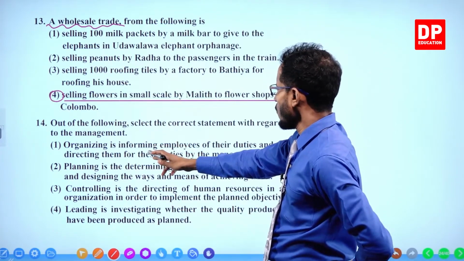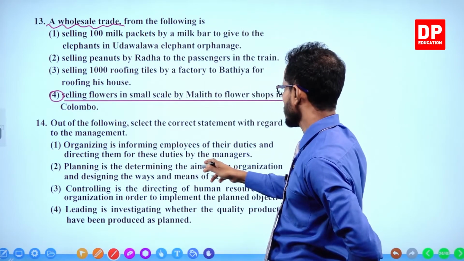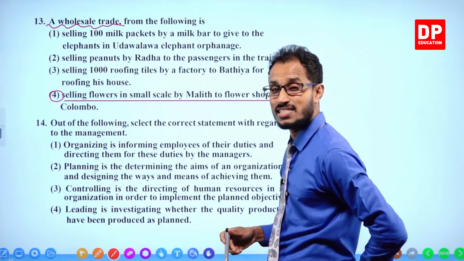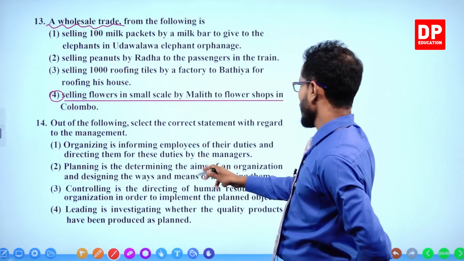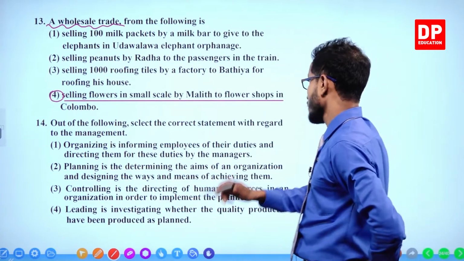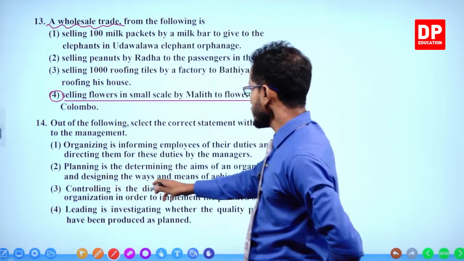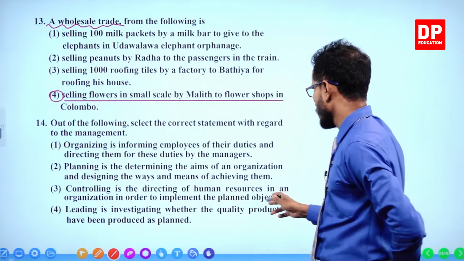Organizing is informing employees of their duties and directing them for these duties by the managers. Organizing, directing the employees? No. Planning is the determining of aims of an organization and designing the ways and means to achieve them. That sounds good. Controlling is the directing of human resources in an organization in order to implement the planned objectives.